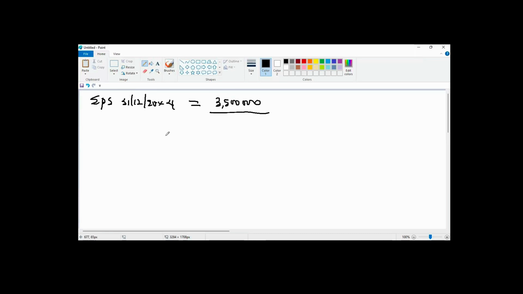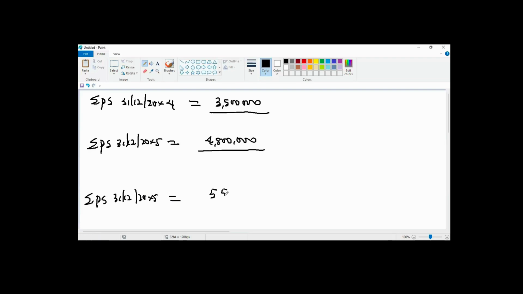I need the weighted average number of shares to divide it with. Then for 31st December 2005, what is the profit to divide with? Then earnings per share for 31st December 2006, which is 55. Good.